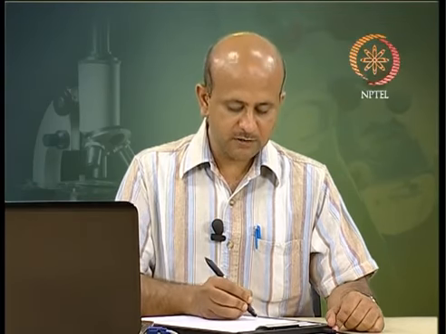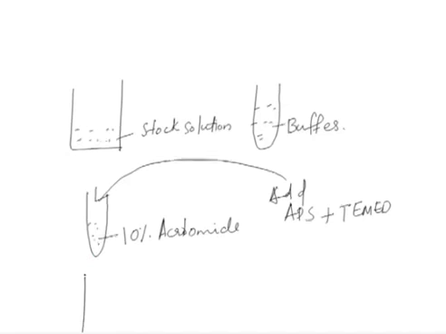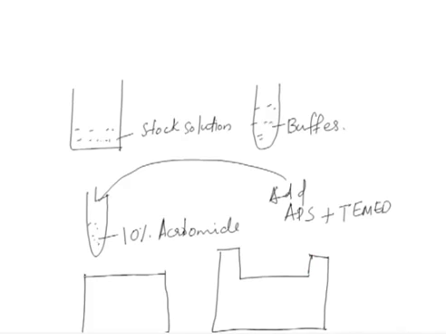In the casting apparatus, if it is slab gel electrophoresis, there will be two plates, one something like this, another something like this. All right. This plate will be put on top of this plate with spacers here.